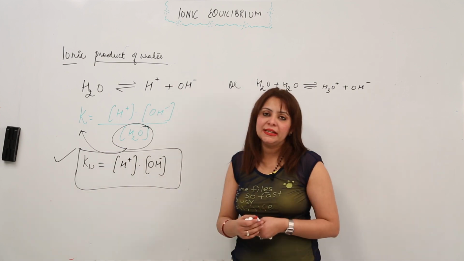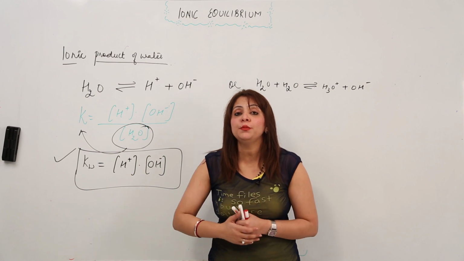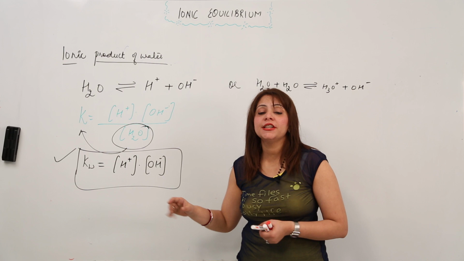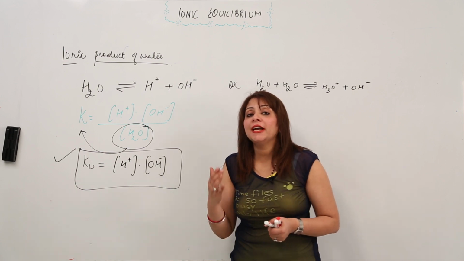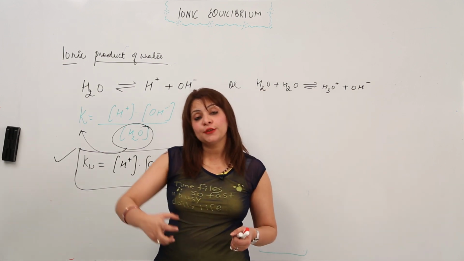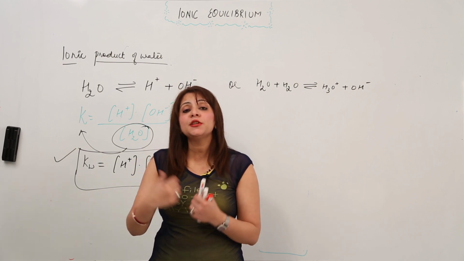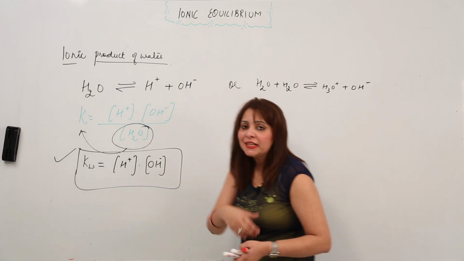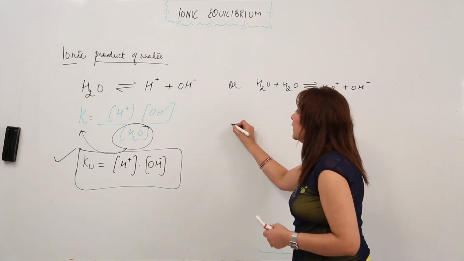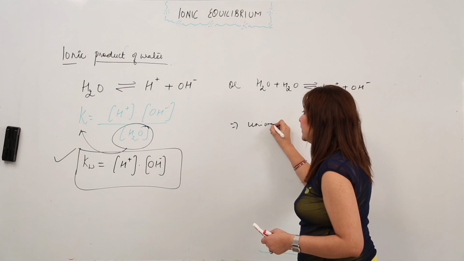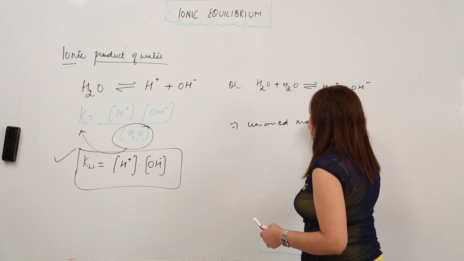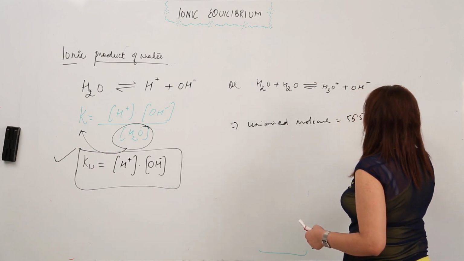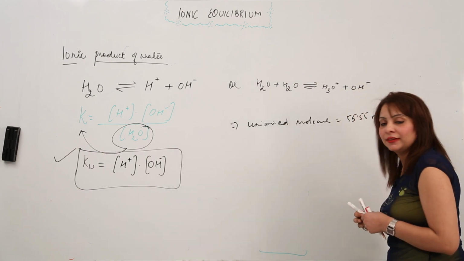Now just keep in mind these important points which I am going to tell you. As we know they get dissociated to a very small extent, so the number of unionized molecules which are present remains almost constant. That is approximately taken to be 55.55 moles per liter, right?